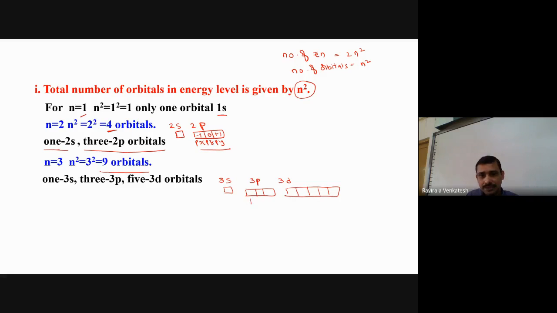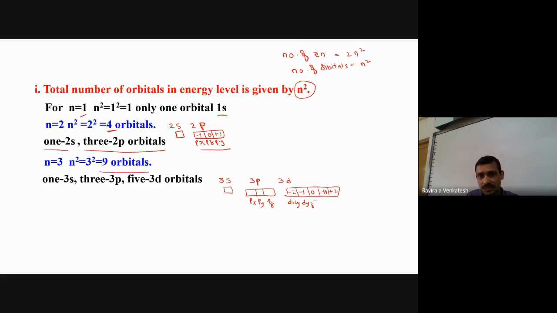This one will be px, py, pz. This one will be dxy, dyz, dzx, dx square minus y square, and dz square. The m values will be 0, -2, -1, +1, +2. You put your 0 here, +1, +2.